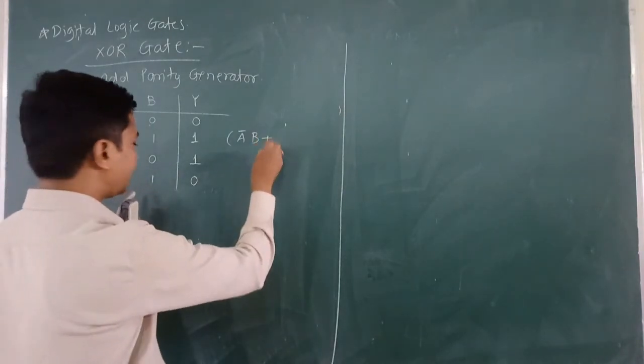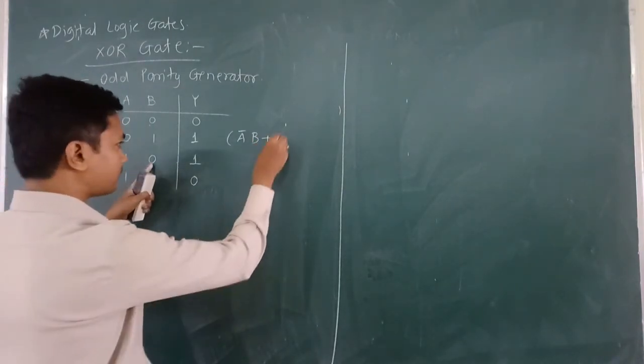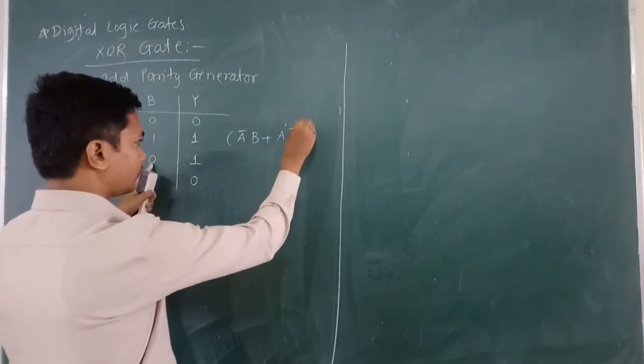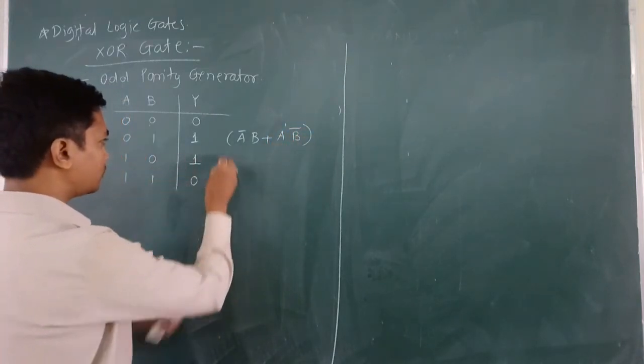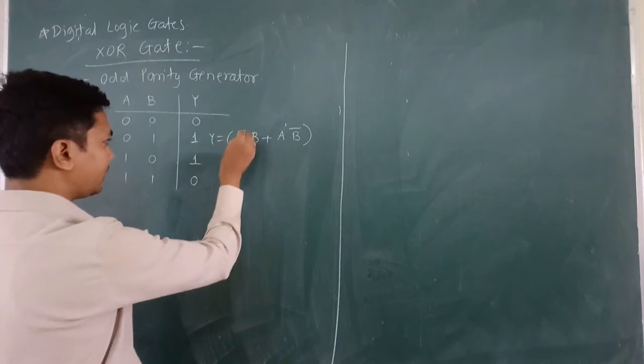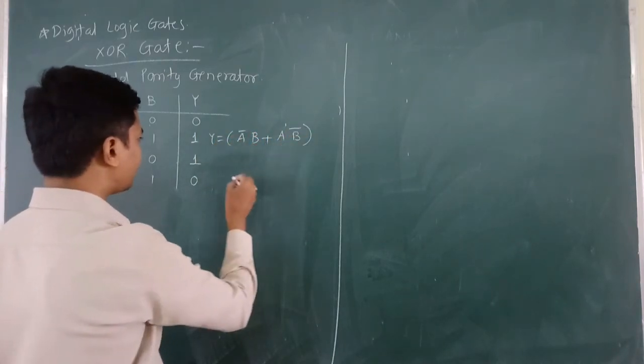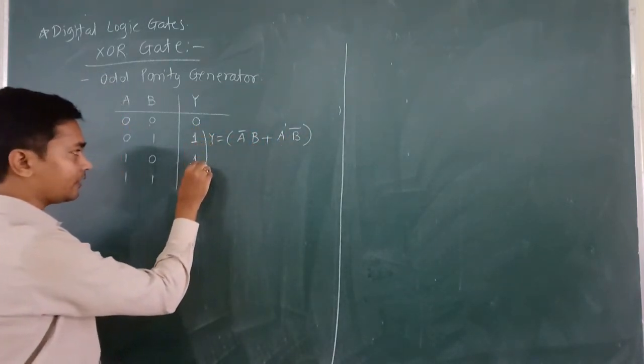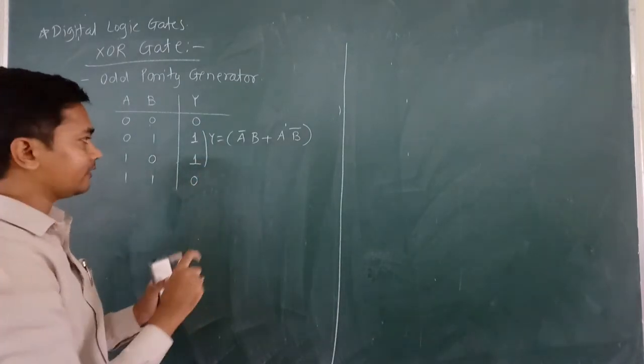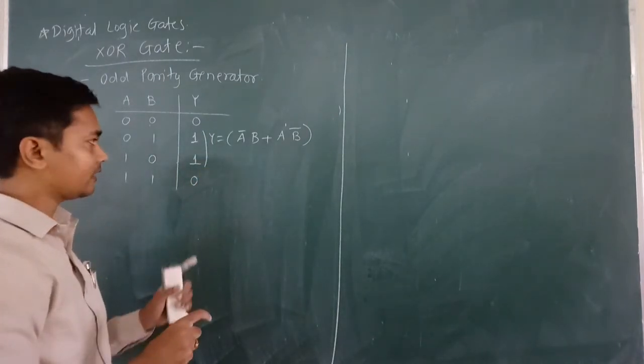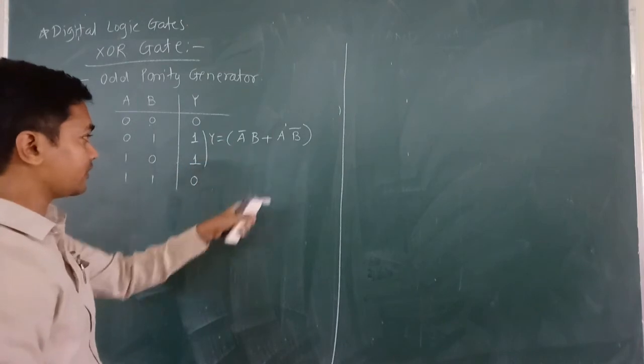So the equation of the output is A bar B plus A B bar. Wherever logic 1 is coming, just take that input in the equation.